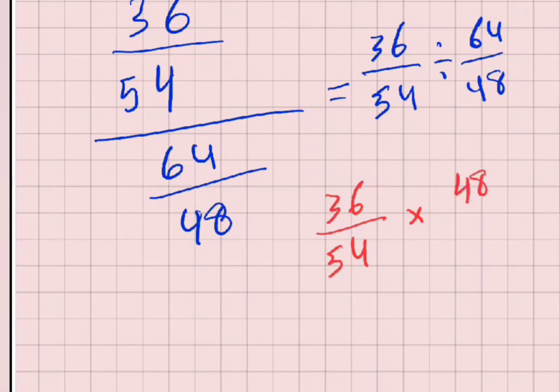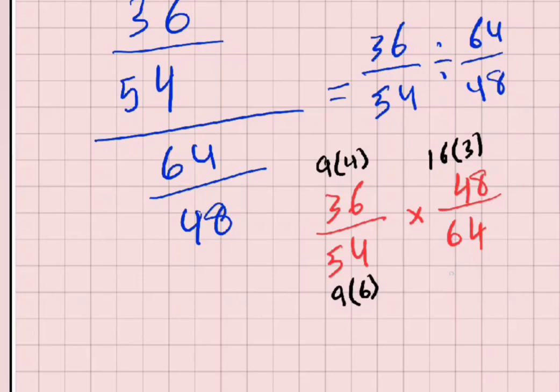And now let's simplify. So 36 is basically 9 times 4. 54 is 9 times 6. 48 is 16 times 3. And 64 is 16 times 4.